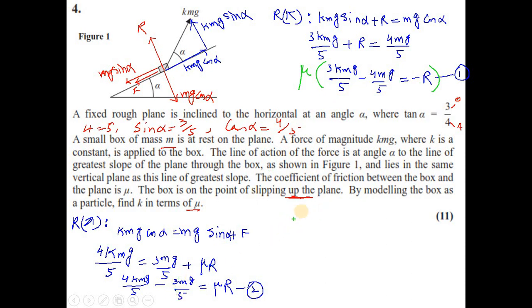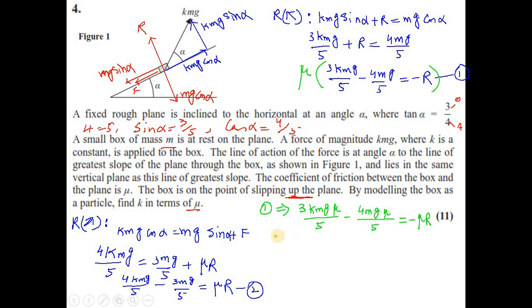Multiplying equation 1, you get 3kmg mu upon 5 minus 4mg mu upon 5 is equal to minus mu R.